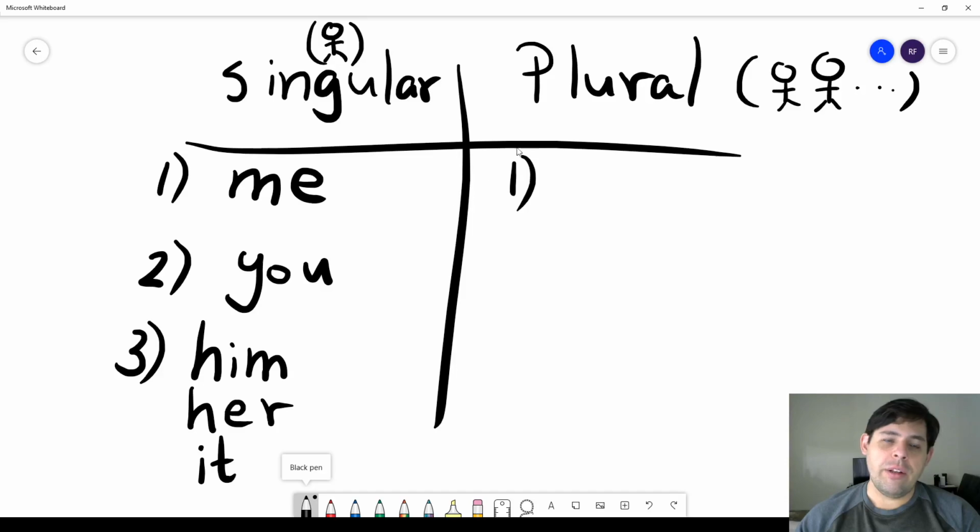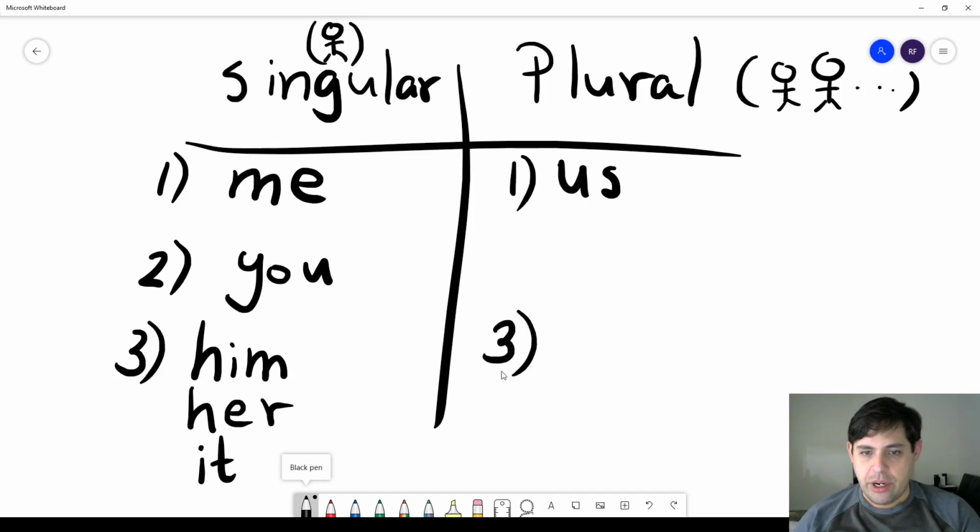For plural, for something that is affecting me and other people, okay? So we're going to say us. You stays this, so second person is the same in English. But third person, we're going to use them.